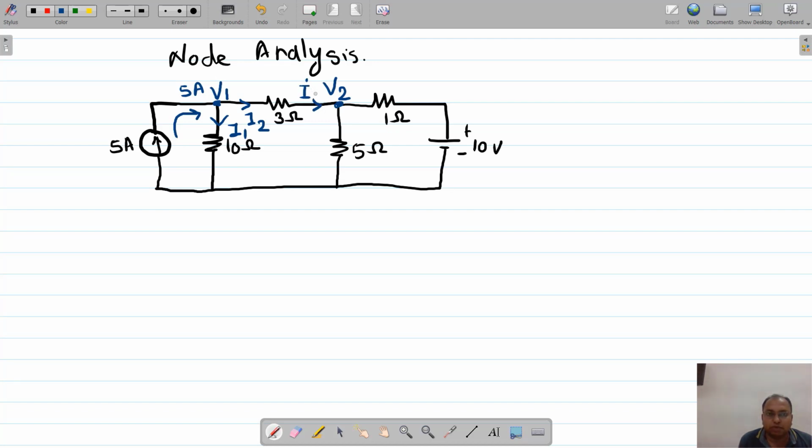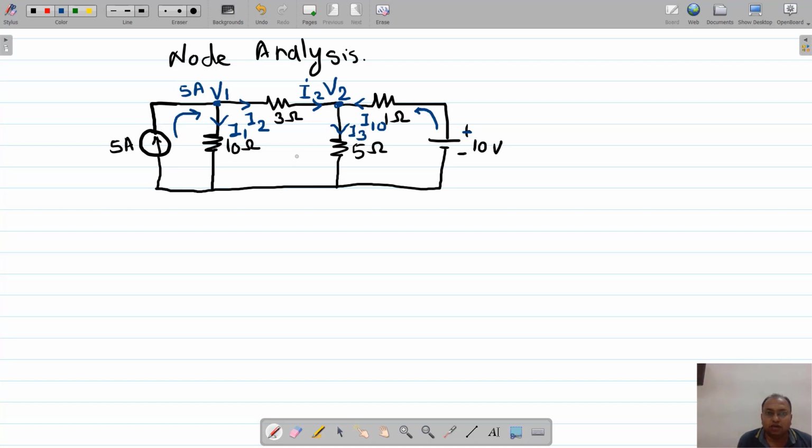Now as there is a voltage source, let us say this current is going to flow in this direction. So I10 is the current because of the 10 volt source, and let us say this direction is I3.